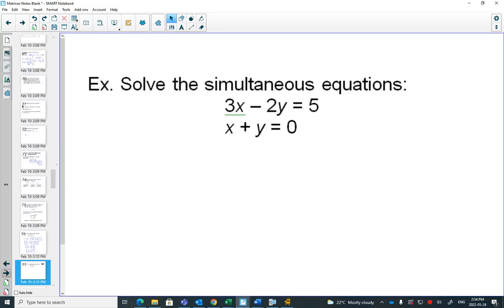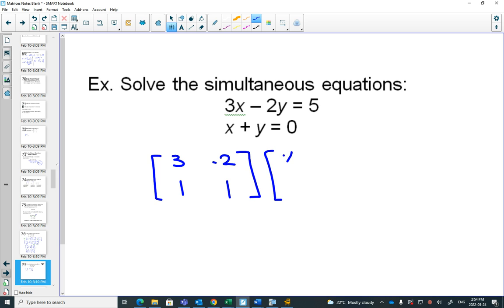So let's do a couple more using matrices. Set up our coefficients matrix, our variables matrix, our answer matrix.